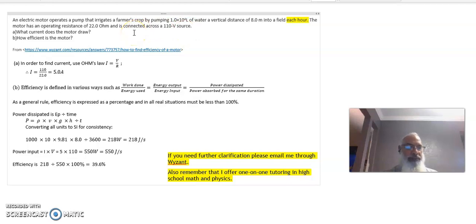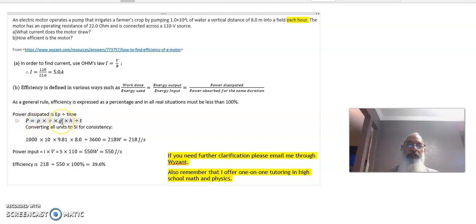So the safest, best way is to use potential energy. Power equals potential energy divided by time, because power is always energy over time.